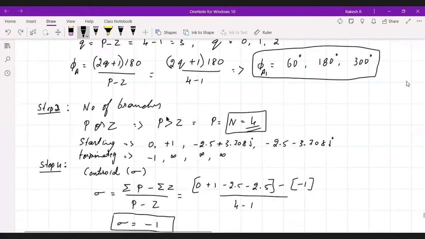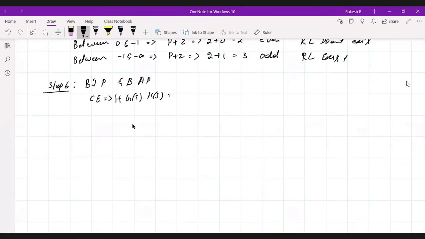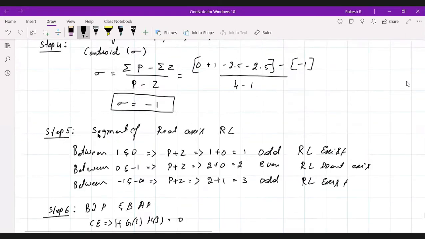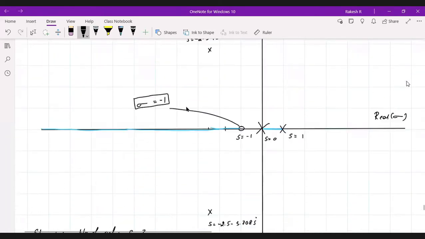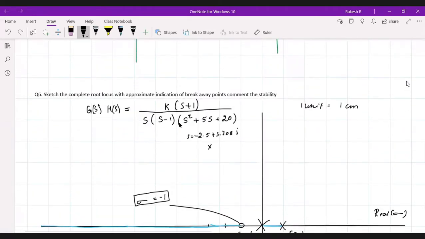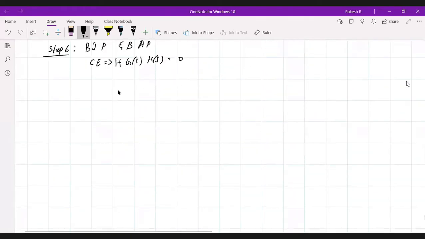Shall we go with the next step? We need to find out the break-in and break-away point. For that, we need to consider the characteristic equation 1 plus G of s into H of s equals 0. G of s and H of s are given as K into s plus 1 divided by s into s minus 1 into s square plus 5s plus 20.